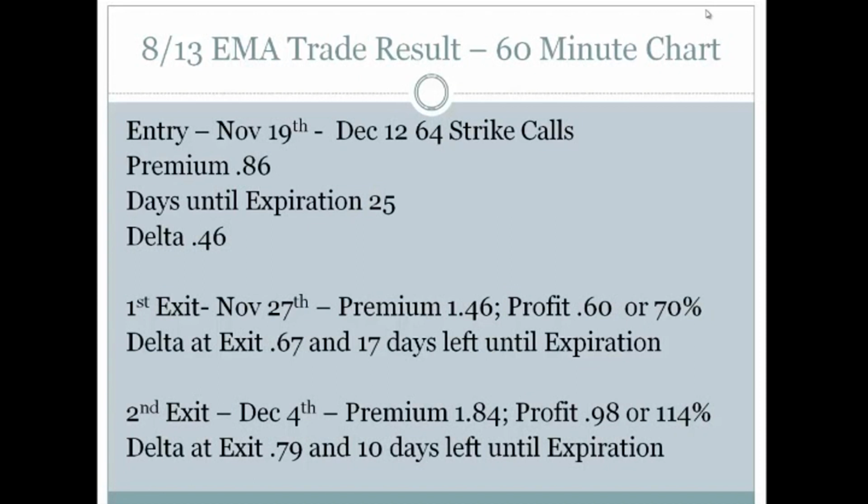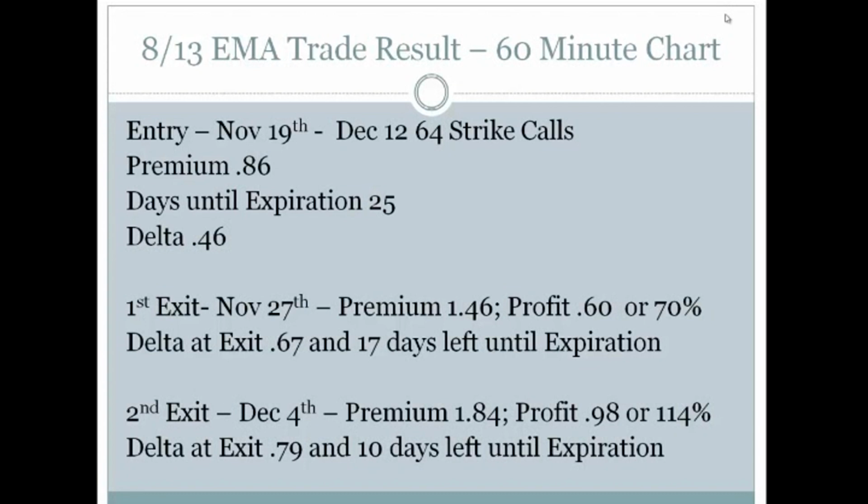Now, had you exited on the first exit that we mentioned on November 27th, the bid premium was $1.46, so that's 60 cents profit, or 70%. The delta at the time of the exit was 67, and there were still 17 days left till expiration.